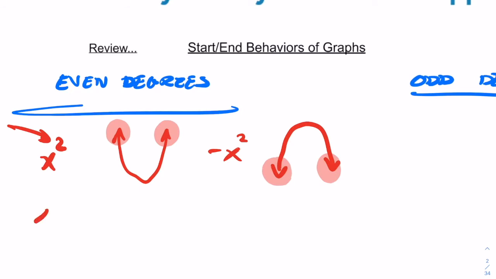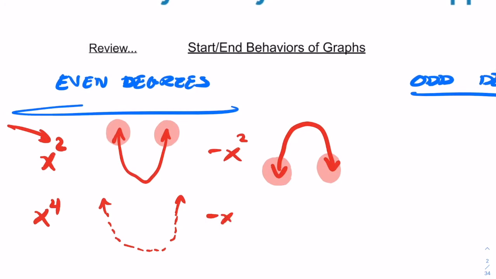So something like x to the fourth, you don't know exactly what happens in between, but you know that they're going to both point in the upwards direction. I did the dotted lines because we don't necessarily know what happens in between, but by behavior, we know that x to the fourth will both point up in the same direction.